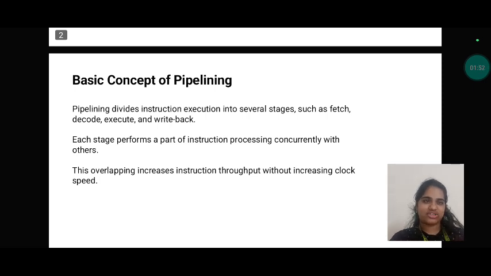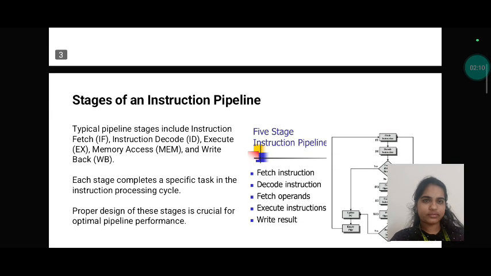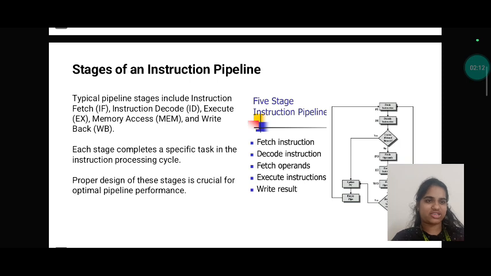Pipelining divides instruction execution into several stages such as fetch, decode, execute and write. Each stage of the pipeline performs a part of the work, and instruction processing happens concurrently with the others. This overlapping increases instruction throughput without increasing clock speed. These are the stages of instruction pipelining. The first stage is fetch instruction.